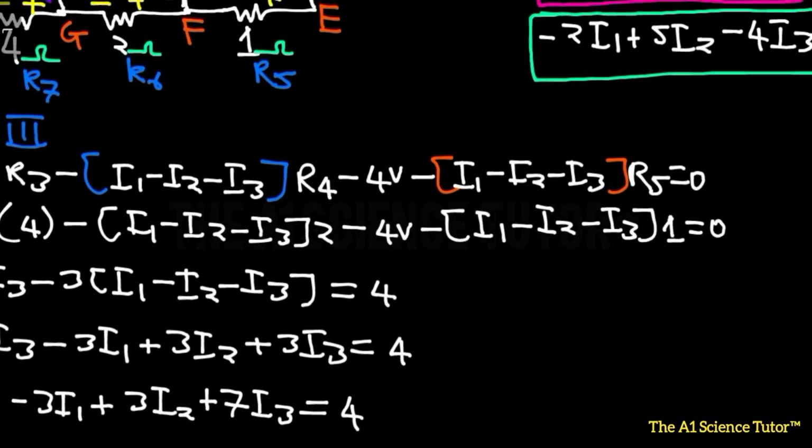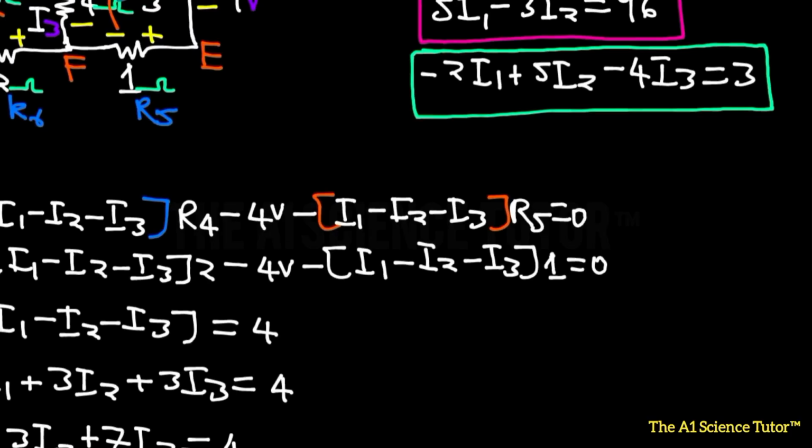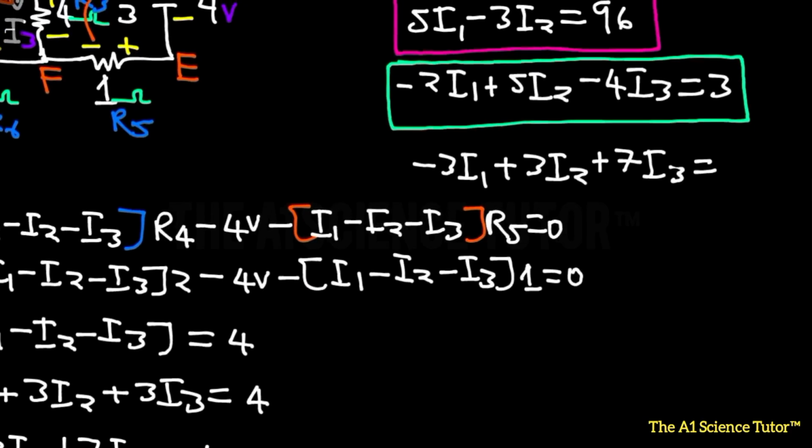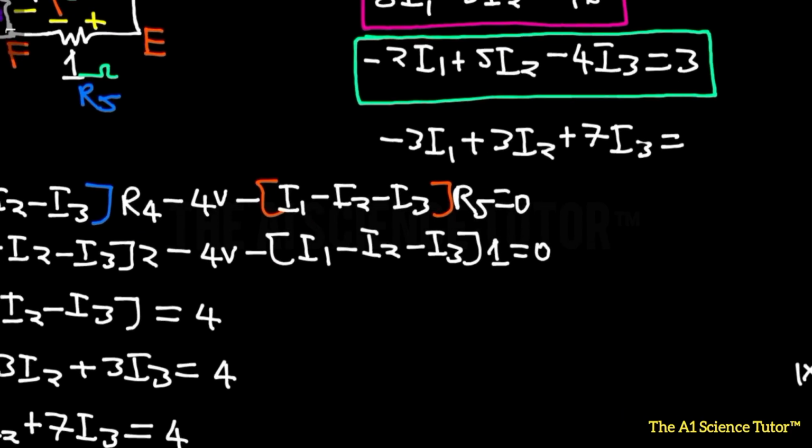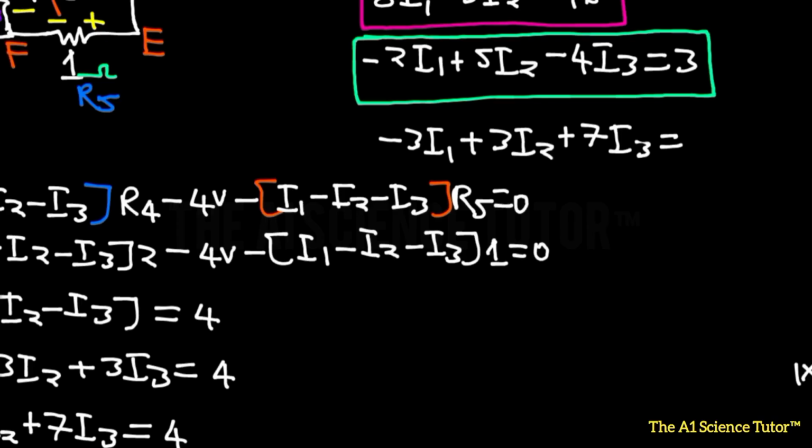Minus 3I1 plus 3I2 plus 7I3 is equal to -4, right?